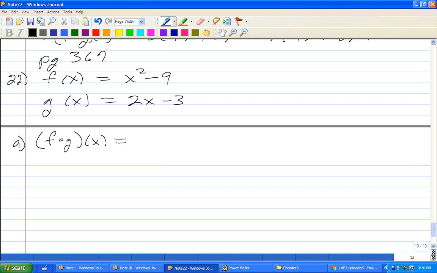So wherever I see an x in the formula for f, I replace x by the formula given by g. So wherever I see an x, I replace x by 2x minus 3. And that is your answer.